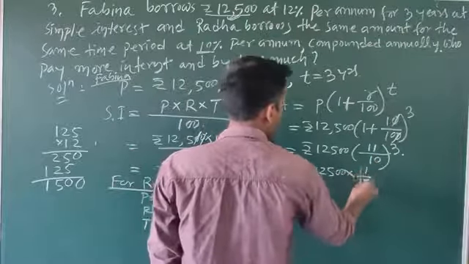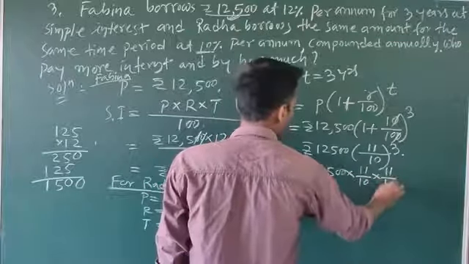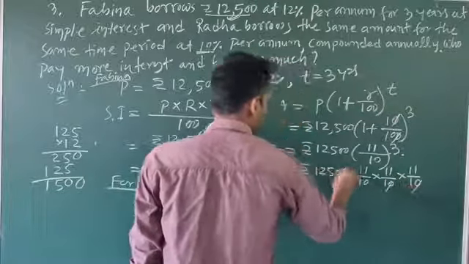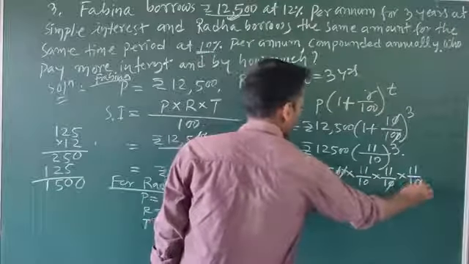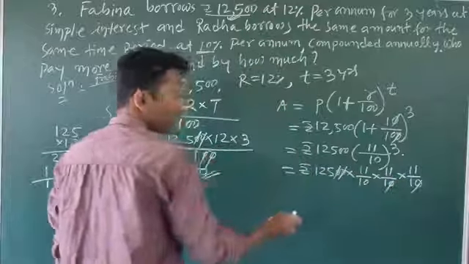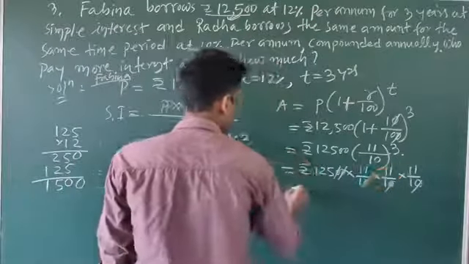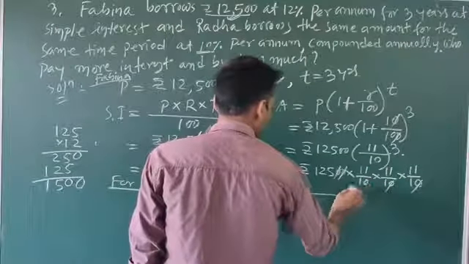That means 11 by 10 into 11 by 10 into 11 by 10. Again this 0 0 you can cancel. This 2 0 is in the denominator and this one is in the numerator, so we can cancel. Now you find the product of these three, then you divide by this 10.